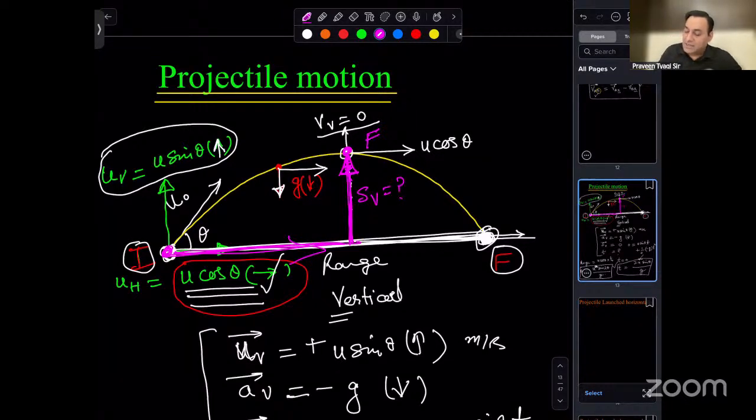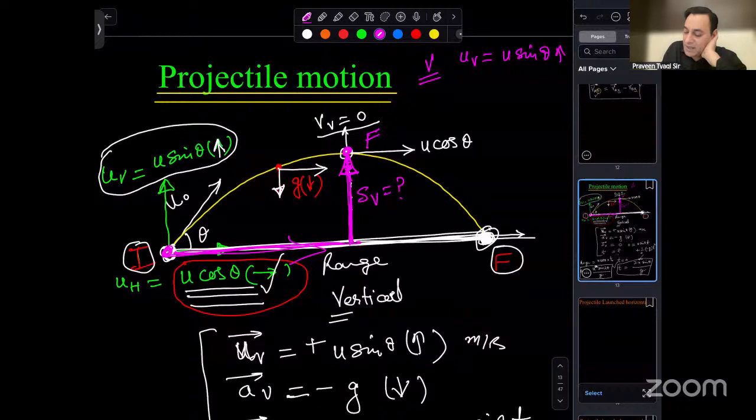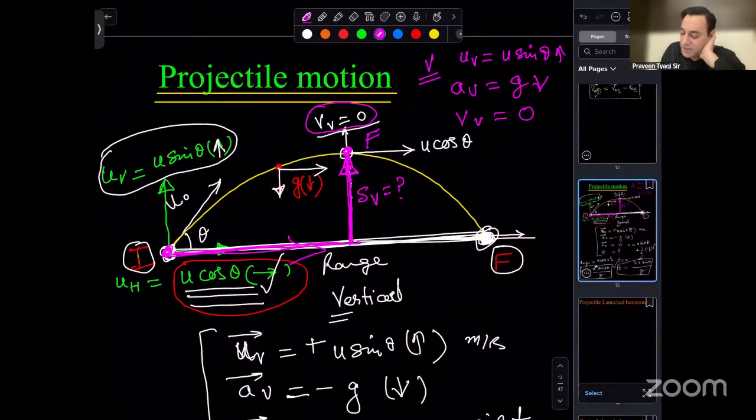So let's again study the vertical motion. I am aware the initial vertical velocity is u sine theta upwards. I am aware acceleration in the vertical direction is g downwards. And I am aware the final vertical velocity at the highest point is 0, as I earlier explained. And I have to find the displacement in the vertical direction, SV. Which equation should I apply?